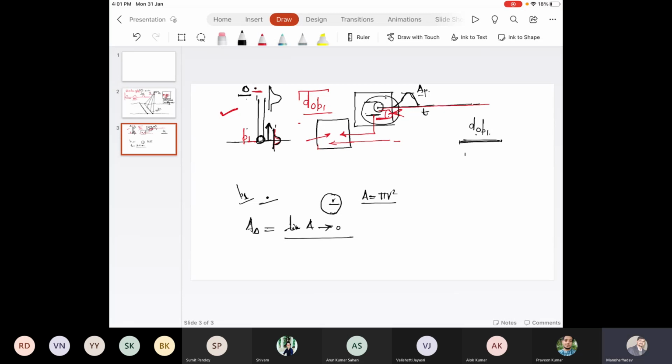Here the transmitter has an aperture. This is the antenna. It has size A, which we call A transmitter. This transmitter generates a laser pulse with enough energy.